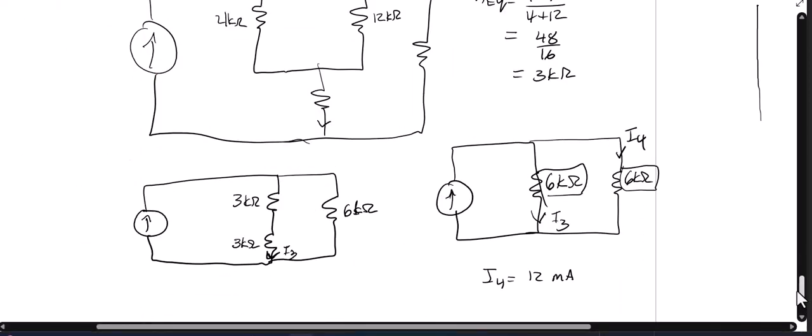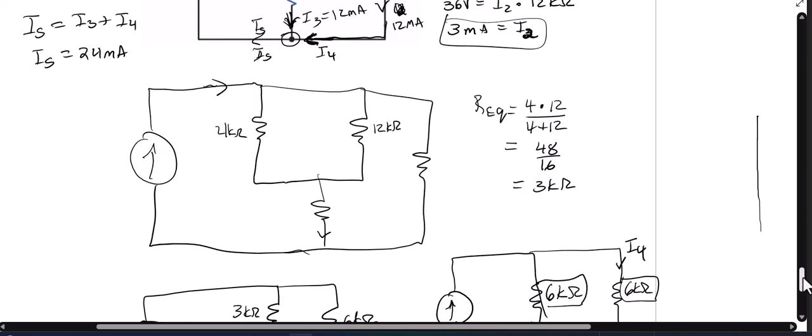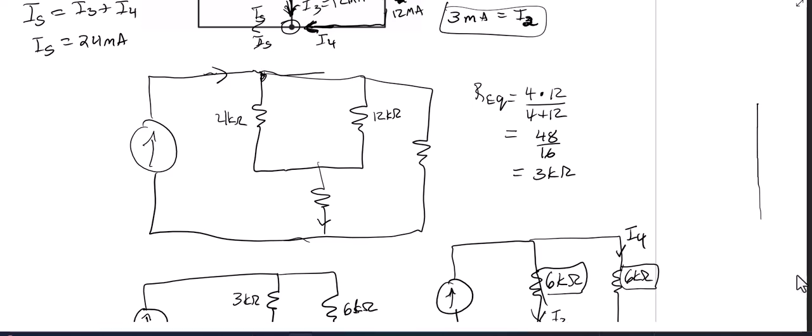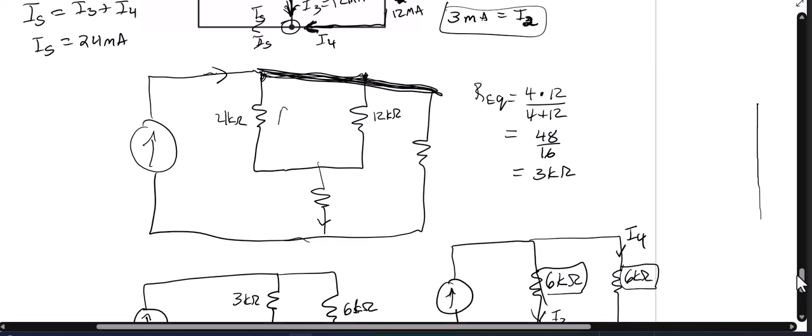Okay, so to have the same voltage, if the ends are connected with nothing in between them, then they're at the same voltage. So the tops of this resistor, if I call this R1 and R2 and R3 right here, the tops of those resistors are all at the same voltage.